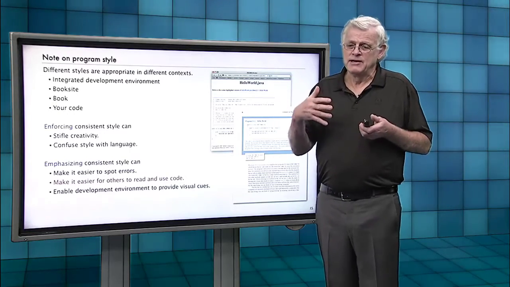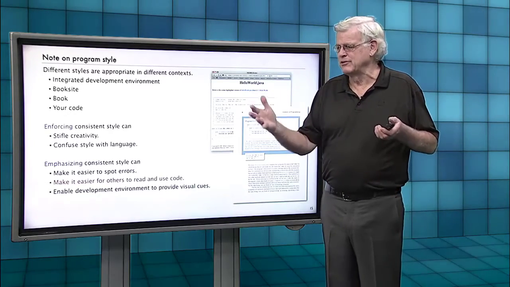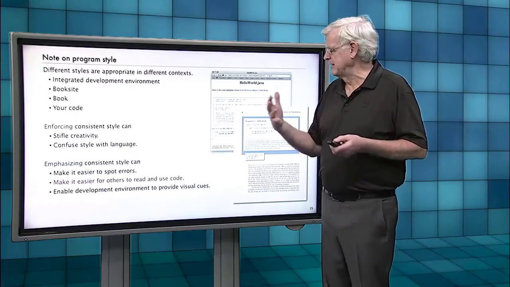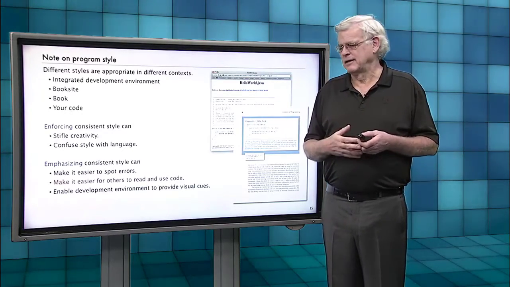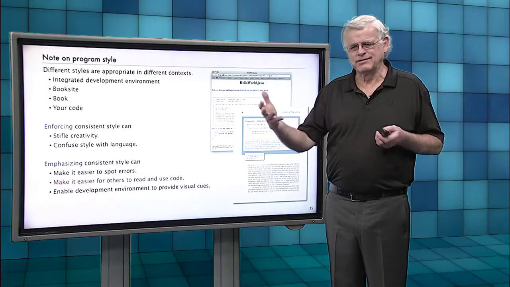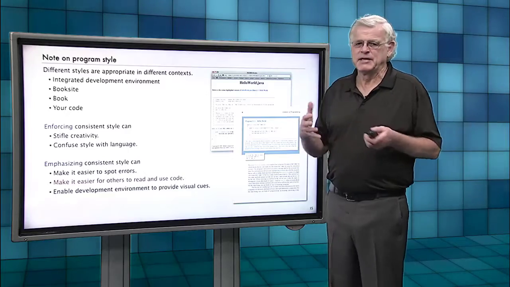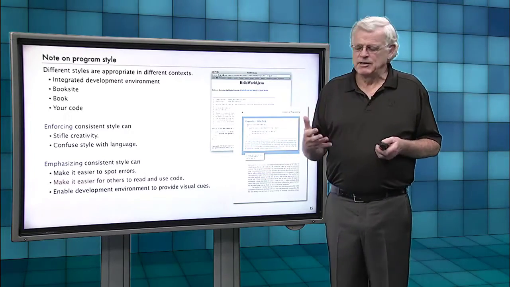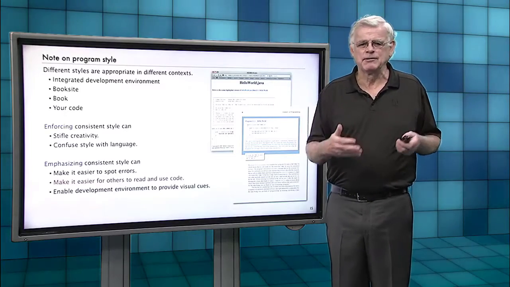So usually in a group of programmers or in a class, people agree on using some kind of consistent style so that they don't get confused by differences in style. But it's not so different than writing essays in a class. Often a teacher will insist on a certain style to make it easier to grade. Sometimes the development environment insists on a style to give you visual cues to make it easier to write your program.